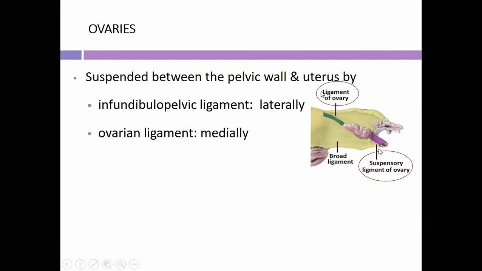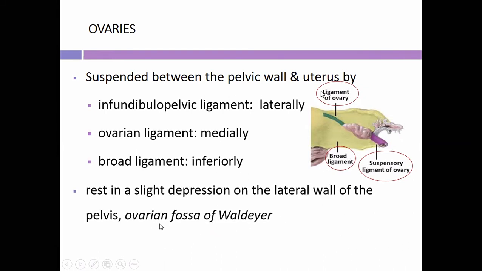The suspensory ligament is also known as the infundibulopelvic, then you will have the ovarian ligament, and inferiorly there is the broad ligament. Now this ovarian structure rests in a fossa called the Waldeyer's fossa.